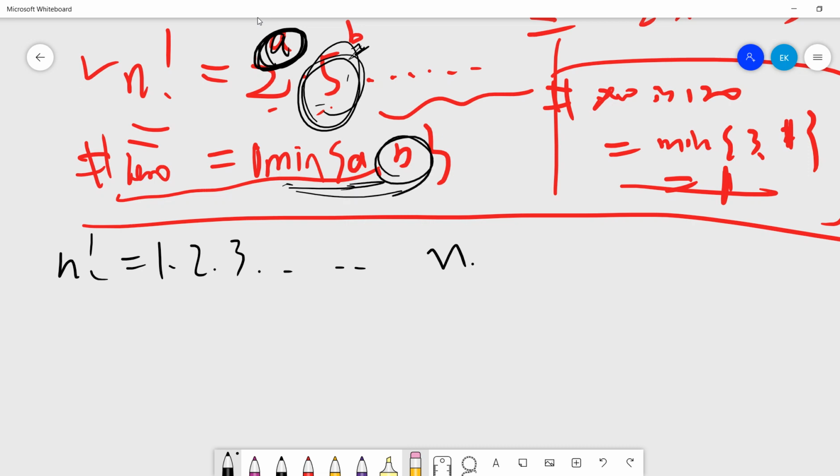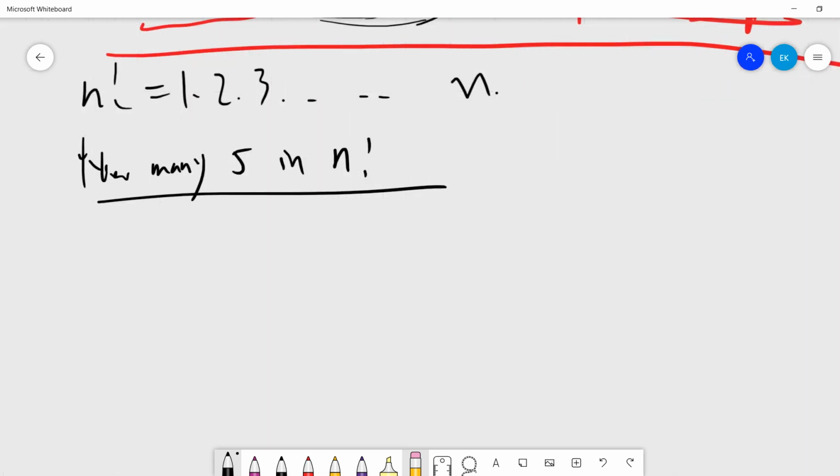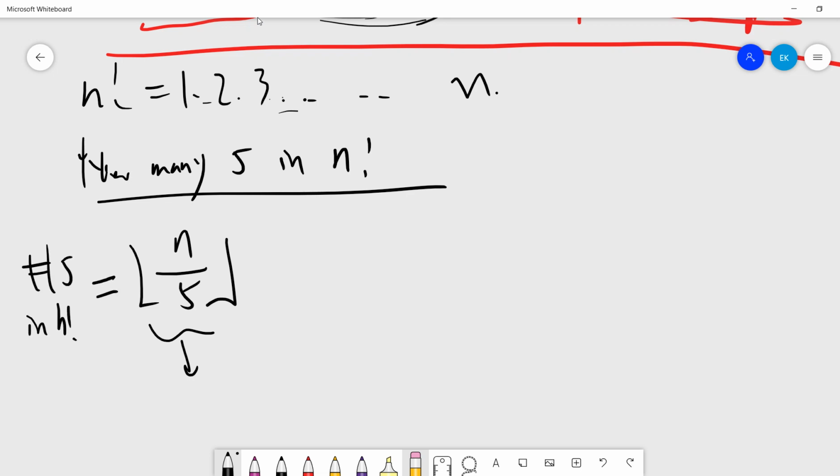So the question is how many 5s are in n factorial. The easy way is to use n divided by 5 and take the floor. Because for 1 2 3 4 5, every 5 numbers will give you one 5. So the number of 5s in n factorial will equal this.